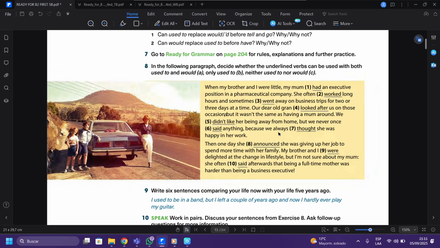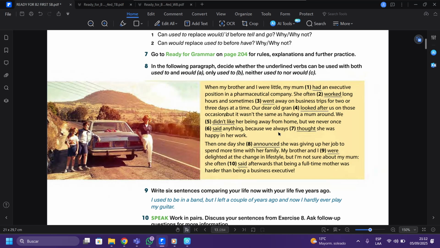Continue. She often worked long hours and sometimes went away on business trips for 2 or 3 days at a time. Number two, worked. Can we say she often used to work or she often would work long hours?